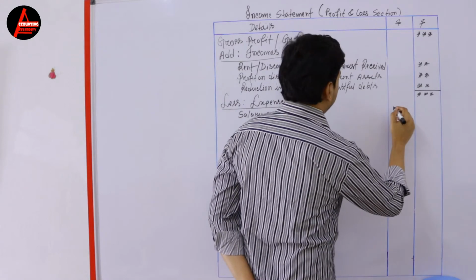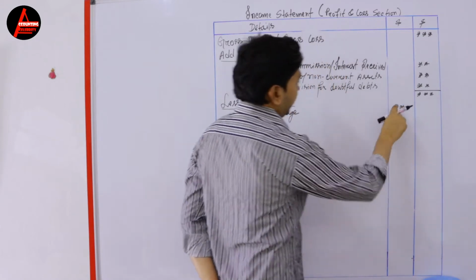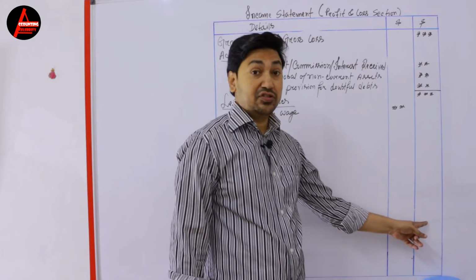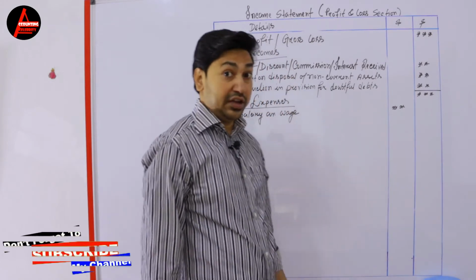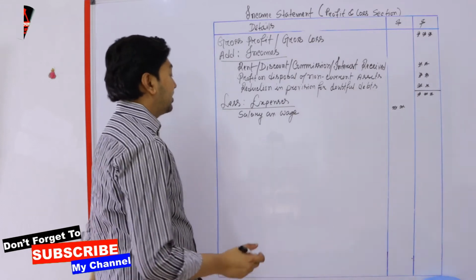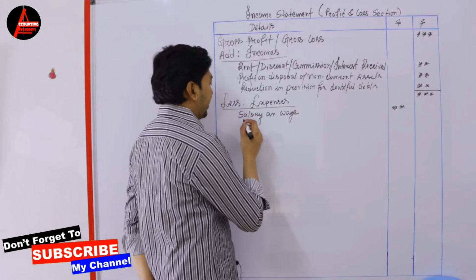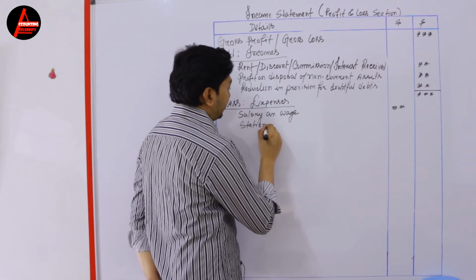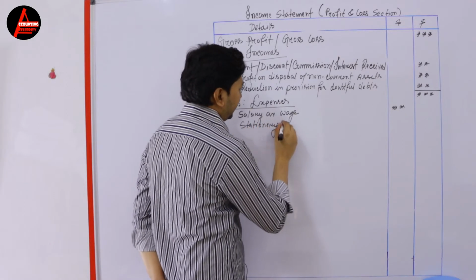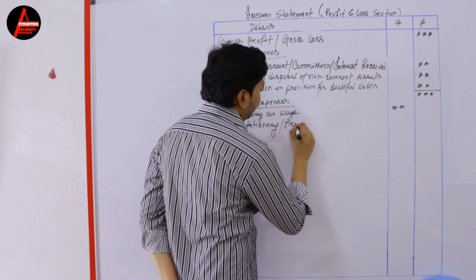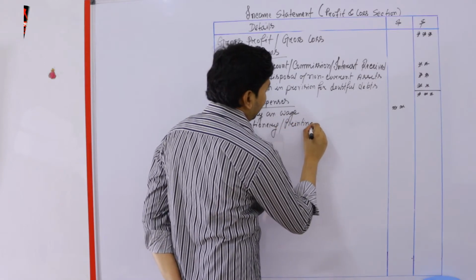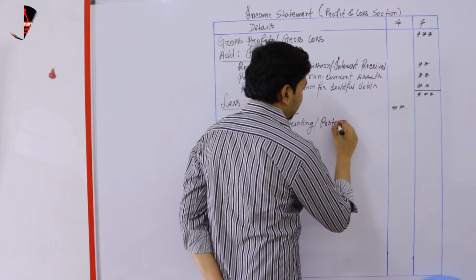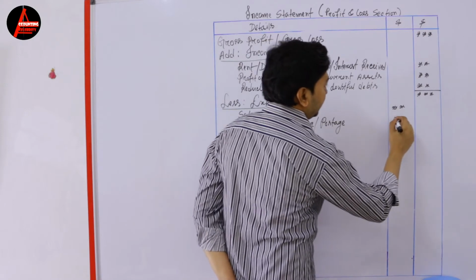Write in the first column, because if we write in the first column, then we can add all the expenses and insert the total here to calculate our net profit or net loss. Salary and wage, then you can write stationery, which is another expense, or printing, or if you have postage.